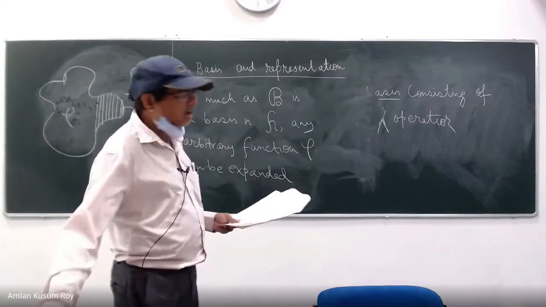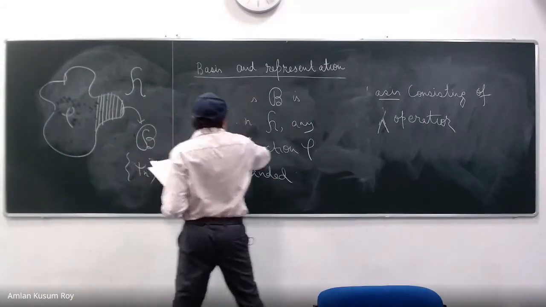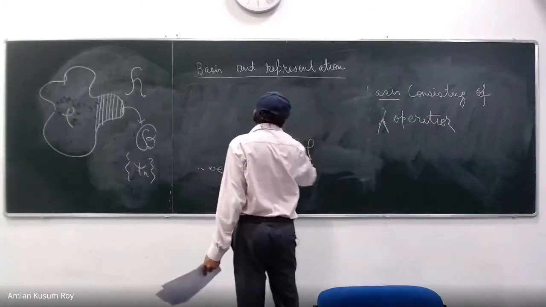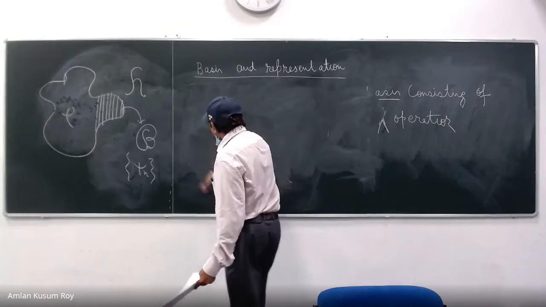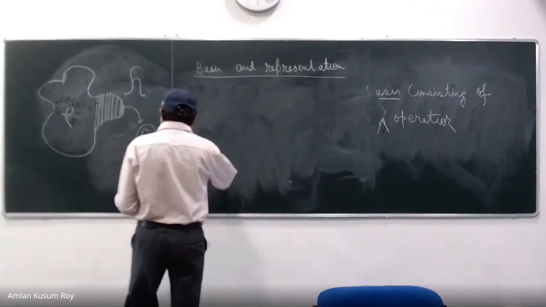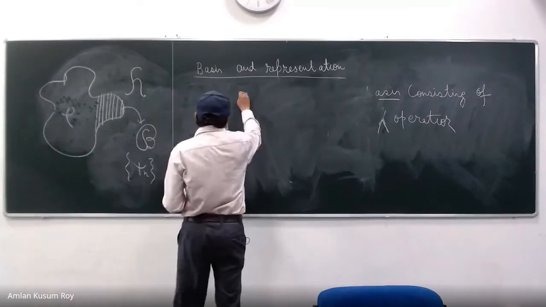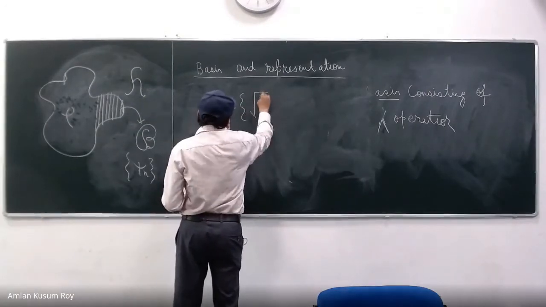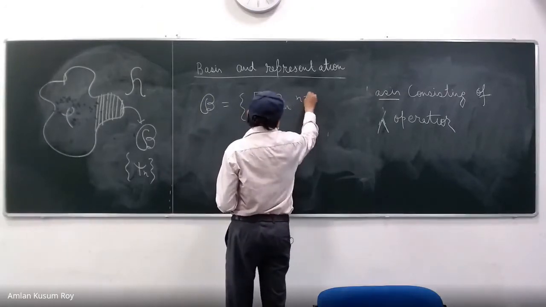But before we write that, let us see who can qualify as a basis. Suppose for a one-dimensional problem, I have written a basis, which is the particle in a box wave function. One good set of basis was this: root over 2 by a, sine of n pi x over a.